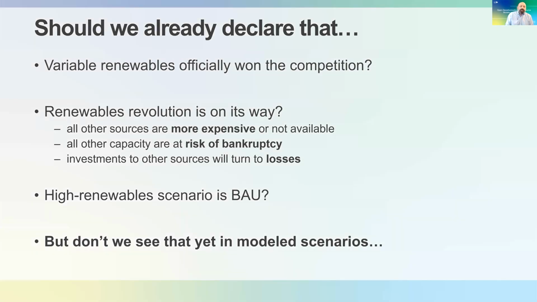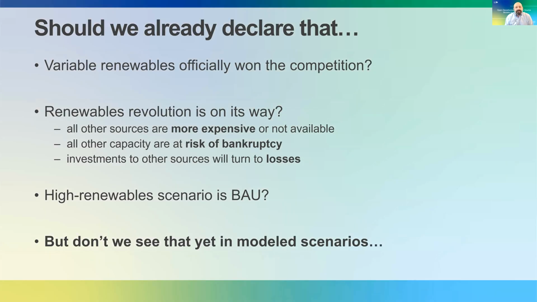So should we already declare that renewable energy has won the competition and the renewables revolution is on its way? Maybe high renewable scenarios for many countries, not for all locations, are already business as usual because they're cost efficient, but we don't have that yet in the modeling.